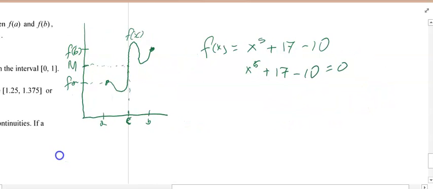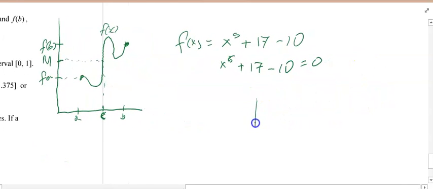So that means that if you sketch this function, there is some point where this function crosses 0. There is some x value for which this crosses 0, and you're told that it is in the interval [0, 1].